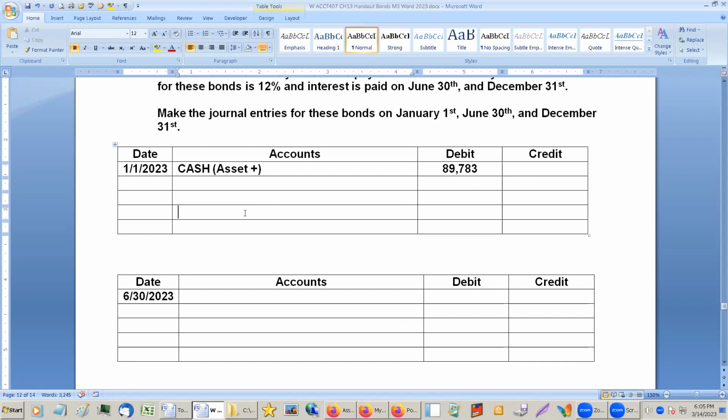And our bonds payable, the liability, is going up.